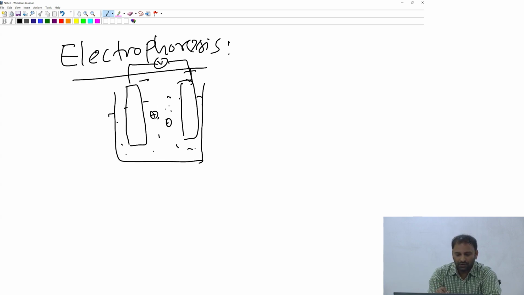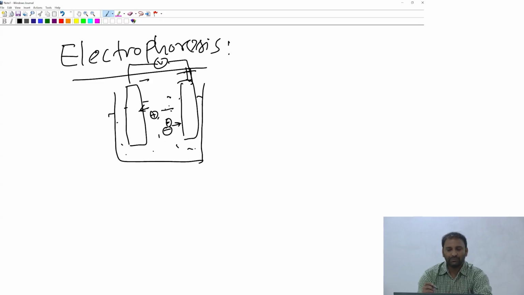The positively charged ions are going to move towards the cathode, this way, and the negatively charged ions are going to move in this direction. So we know that charged ions move when you apply an electric field.